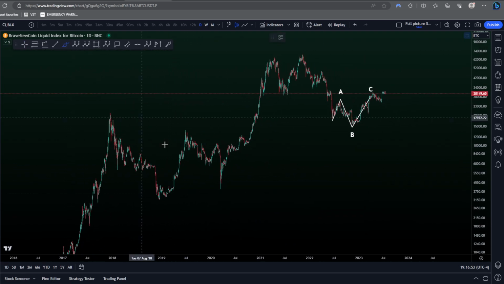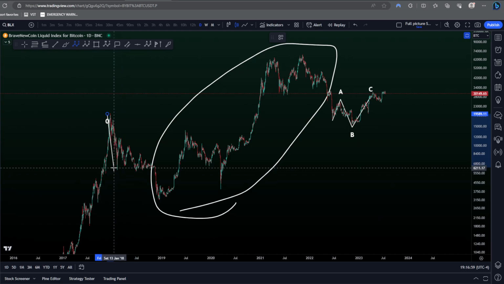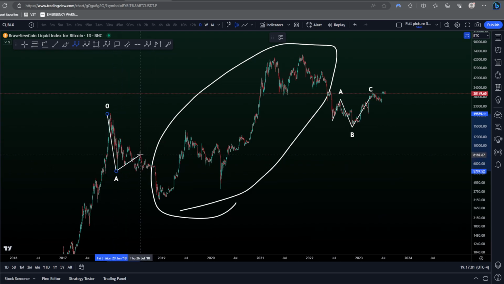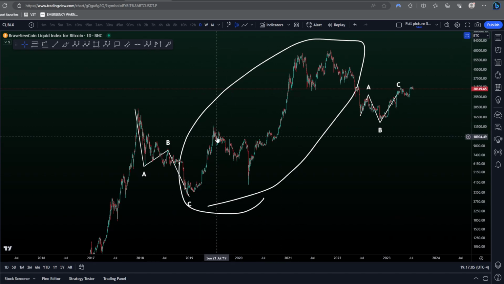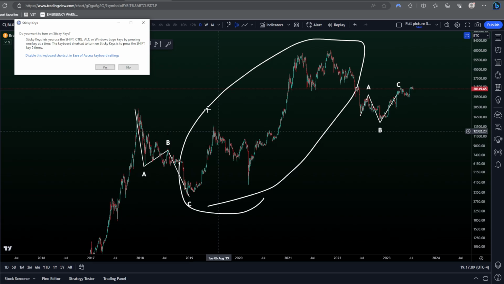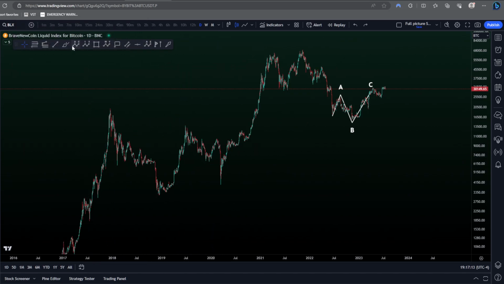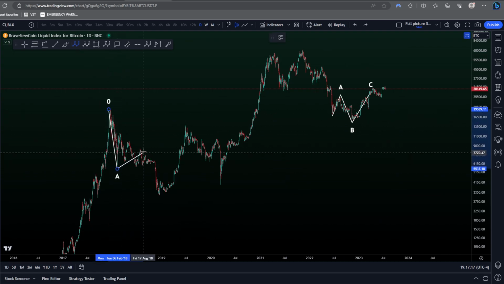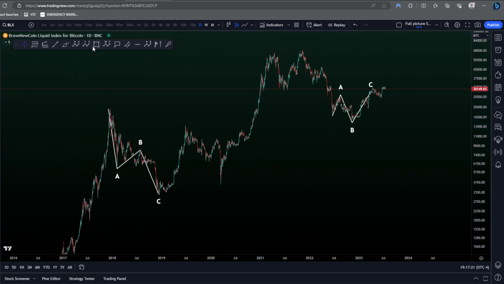Now this big impulsive wave that we just went over, it followed a correction. This correction came in the form of what? What did we just go over? A, B, C. What does this look like in the middle?